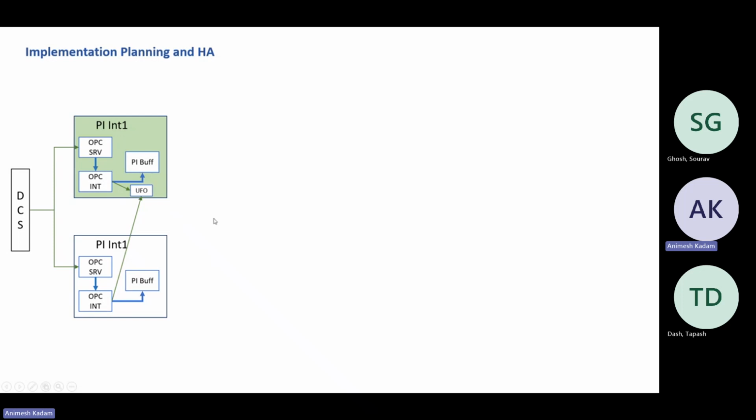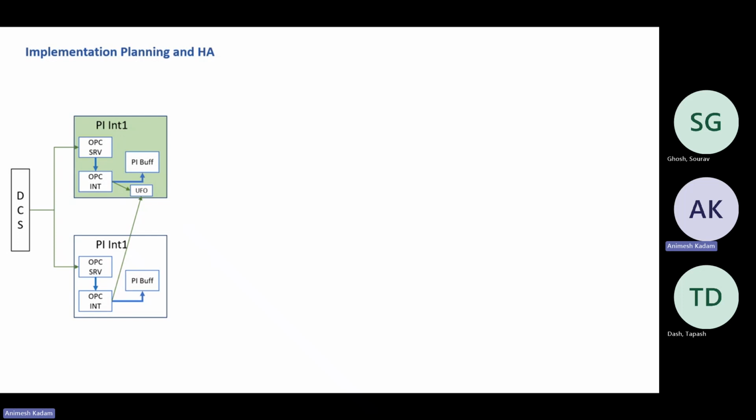Suppose one interface is collecting 5,000 tags. Though it is the same frequency, 10 seconds, we tell them to keep 1 or 2 second offsets, so it will only send 1,000 tags at a time.